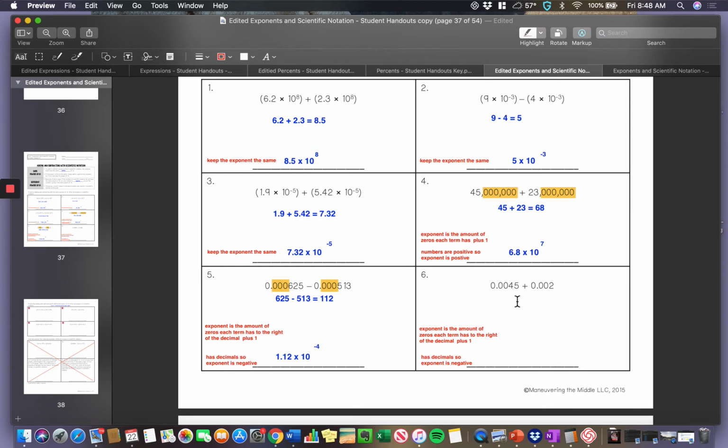All right, and the same thing is going to happen over here. The exponent is the amount of zeros each term has to the right of the decimal plus 1. So, again, my first step is going to be to add these two numbers together because I'm using addition. So, I'm going to have 45 plus 2. Okay?